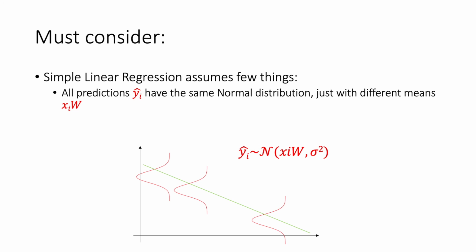This is going to be exactly the same for all the points we want to predict. All our predictions are going to be independent normal distributions with the same variance but with different means.